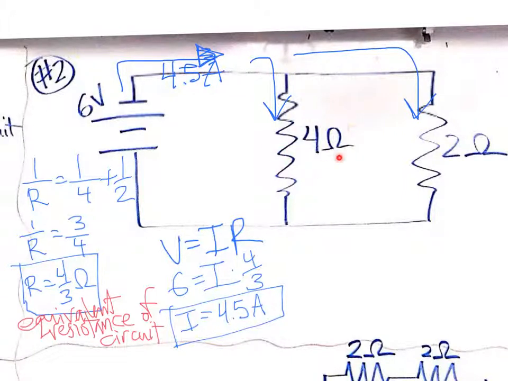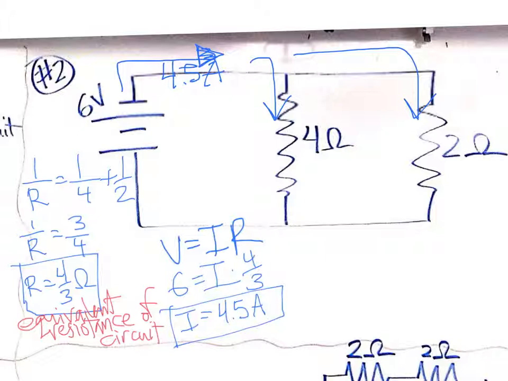Because this is a greater resistance, less electrons will flow through. Because this is a lesser resistance, more electrons will flow through. So this current is going to be split up, where part of it goes here, and more of it goes here, but together, those two currents, current is like the amount of electrons that pass through, will add to equal 4.5 amps. Okay.